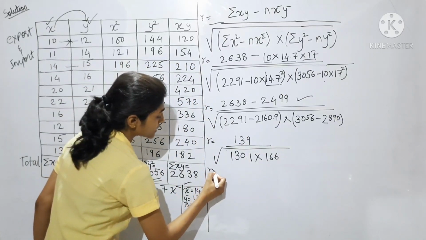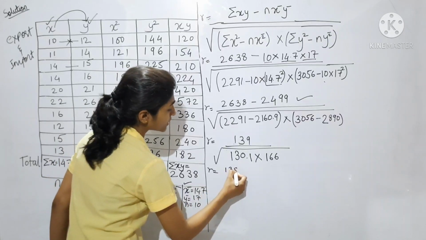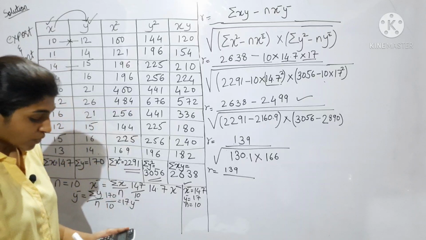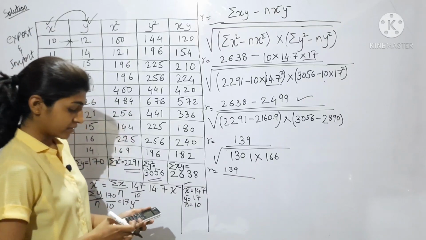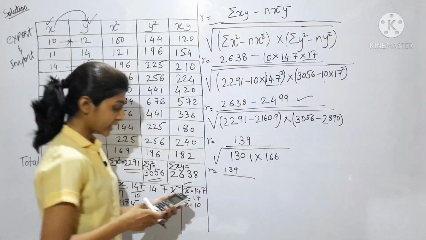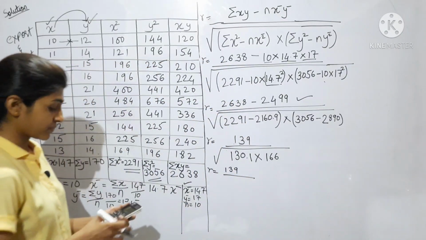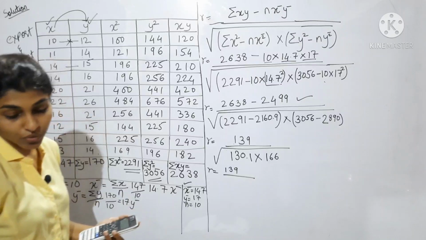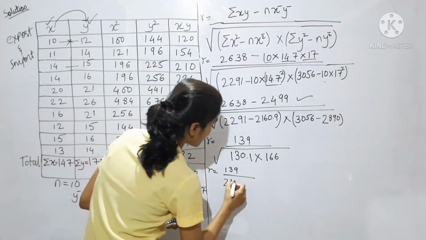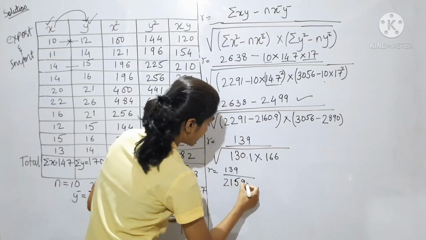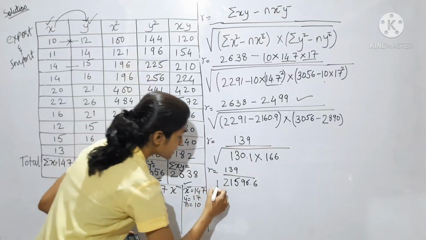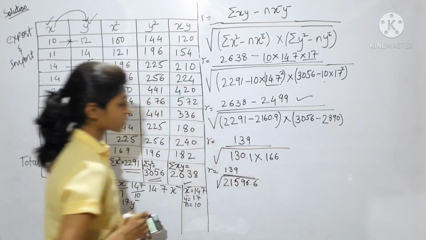Next step, r is equal to 139. Multiply this first. Multiply 130.1 by 166. The answer you get is 21596.6, and this is under the square root.